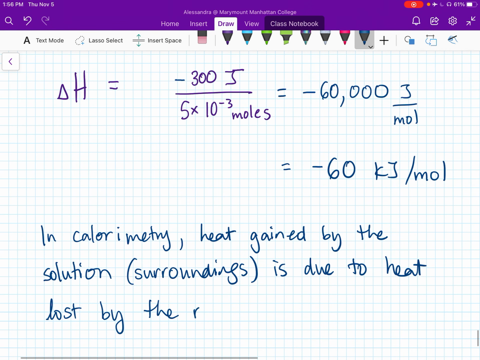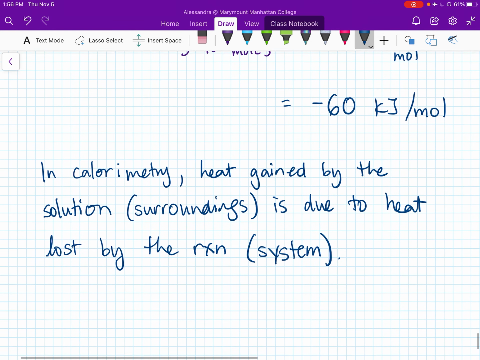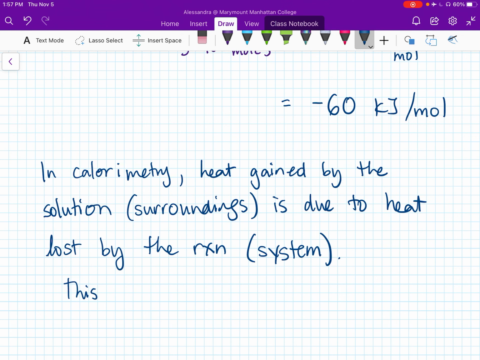So the reaction is the system and the solution is the surroundings. And you're going to see that over and over again. So you really, really need to think about your signs. Okay, so here in this example, since the heat was gained by the solution and lost by the system, this implies that the delta H of the reaction is going to be negative.